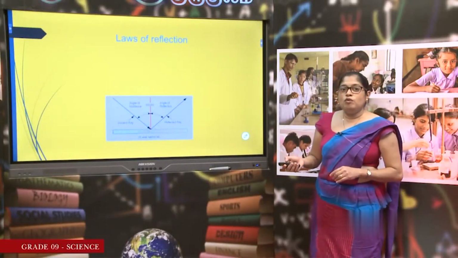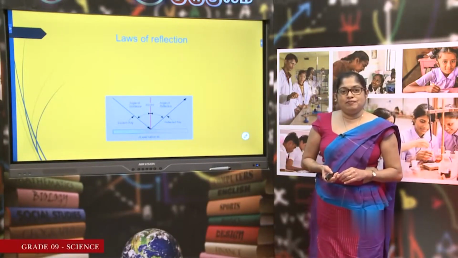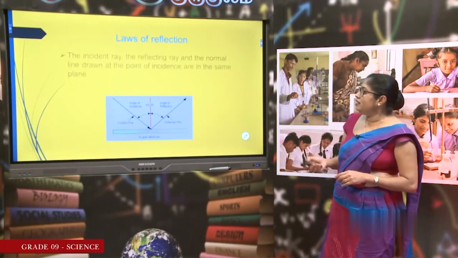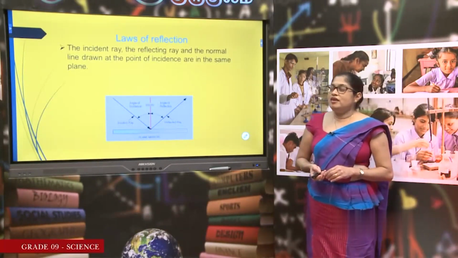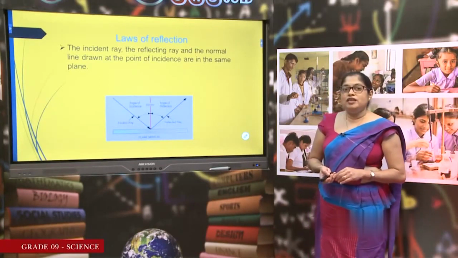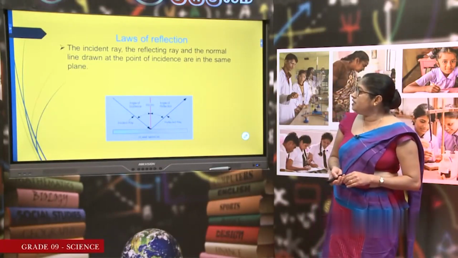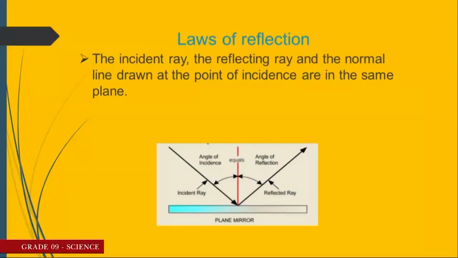Let us see what the laws of reflection say. It says the incident ray, reflected ray and the normal at the point of incidence are in the same plane. Since they are in the same plane, we can get a diagram like this. If they are not in the same plane, you can't draw a diagram like this.